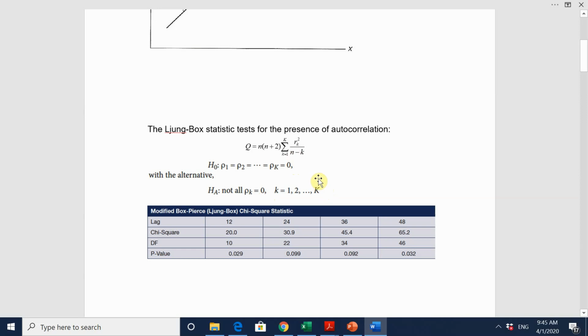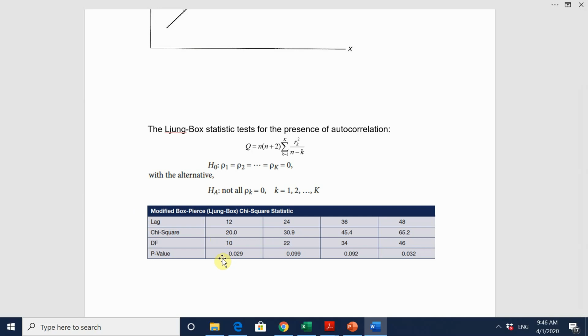So if my alpha here is 0.05, then when I look at my Q statistics and their corresponding p-values, I want to see if my p-values are smaller than my alpha of 0.05.